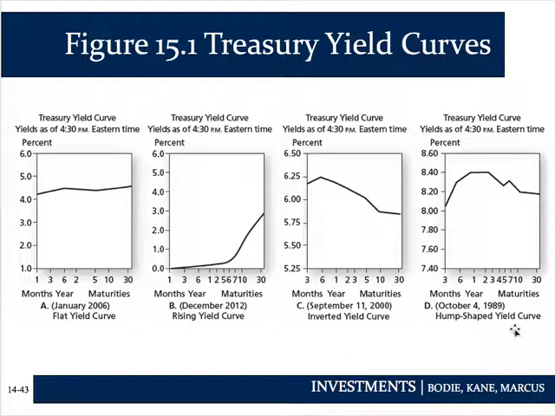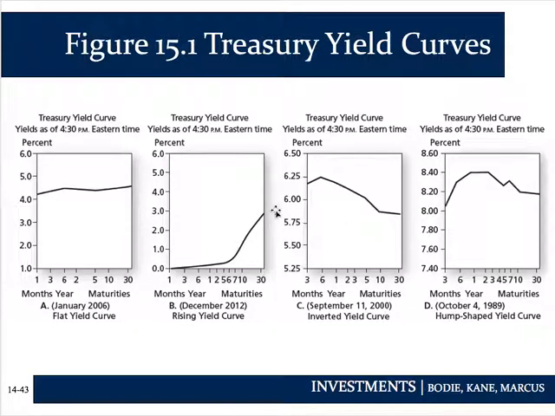In the humped yield curve in 1989, after the financial crisis in 1987, we had very high interest rates compared to today, as you can see at 8%. In the short term, they went up quite slightly, and then they fall off. But remember, this is 8.4 to 8% interest. These other ones are changing.